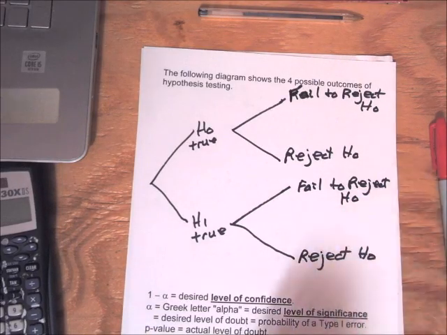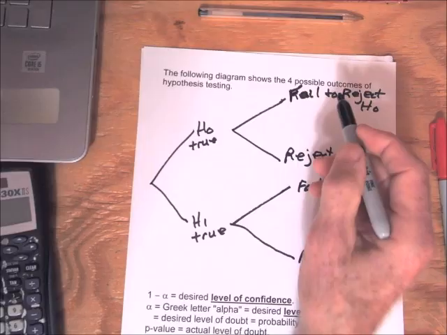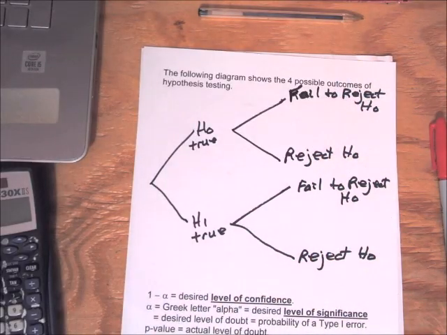Either H naught is true or H1 is true. Either we fail to reject H naught or we reject H naught.